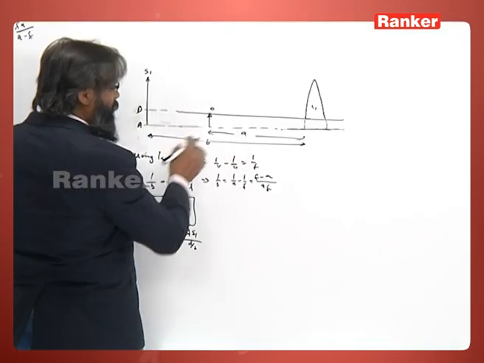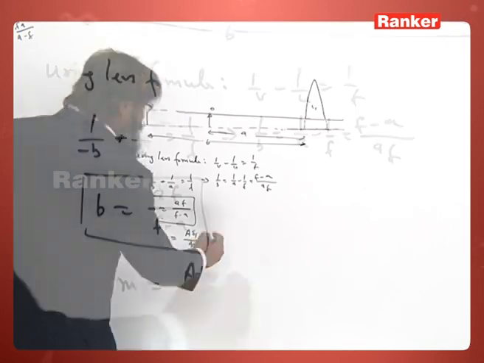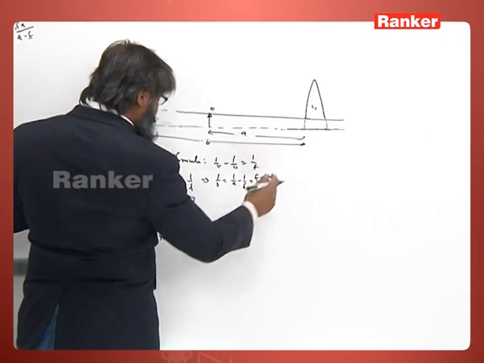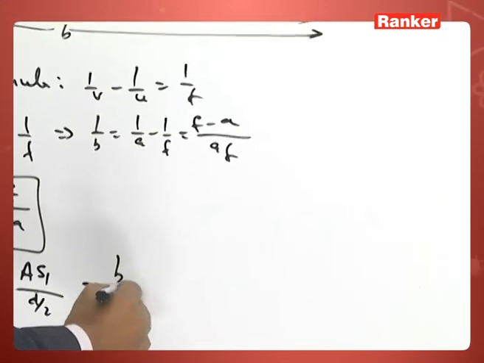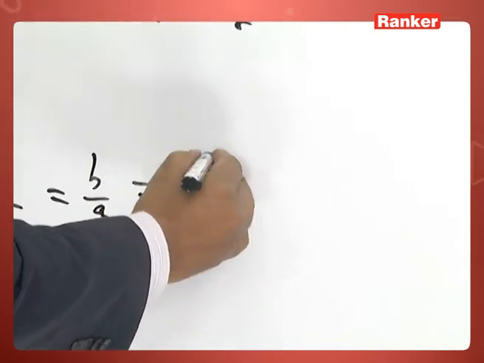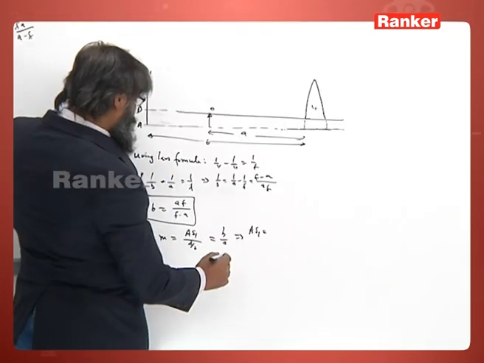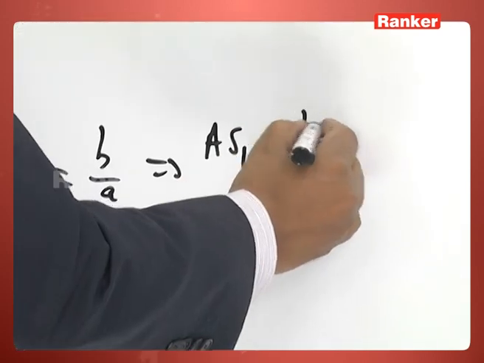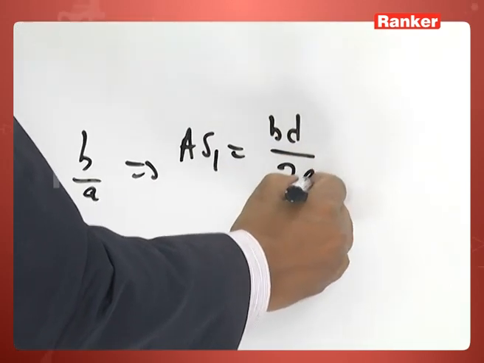This distance is D by 2, no special name. That is equal to V by U, which is again B by A. So B by A implies A S1 is equal to BD by 2A.